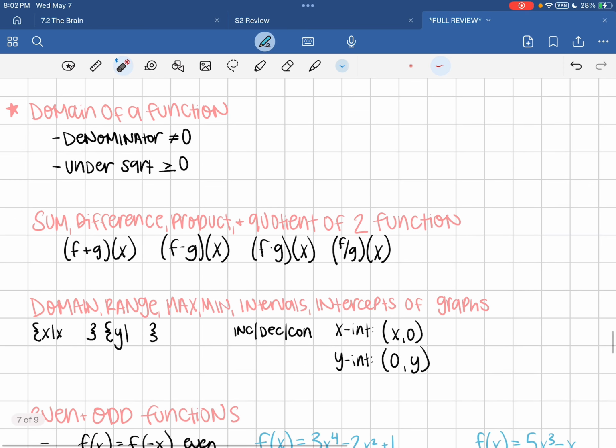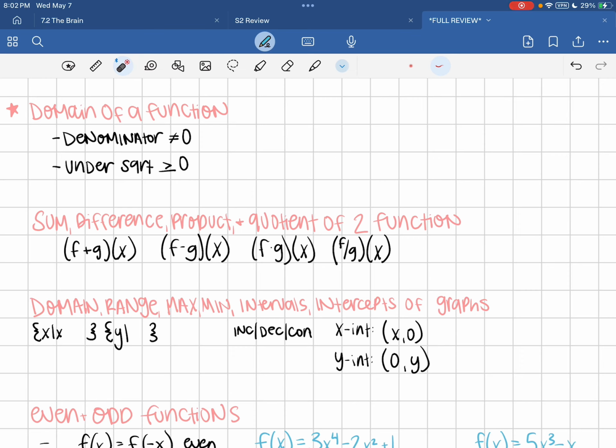The next thing was sum, difference, products, and quotients of two functions, and you just put the two functions in and simplify it into one complete function. And then next was domain, range, maximums, minimums, intervals, and intercepts of graphs, which I didn't really know how to explain because I felt like you should just know it.